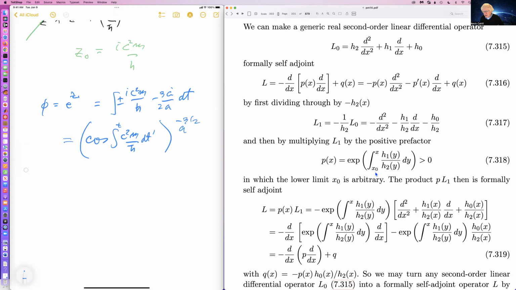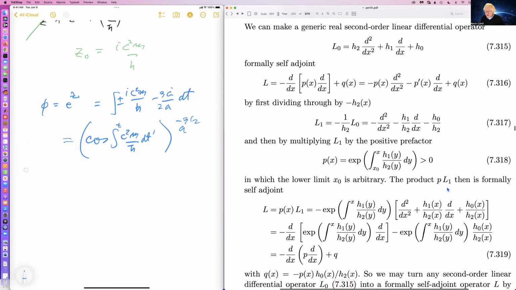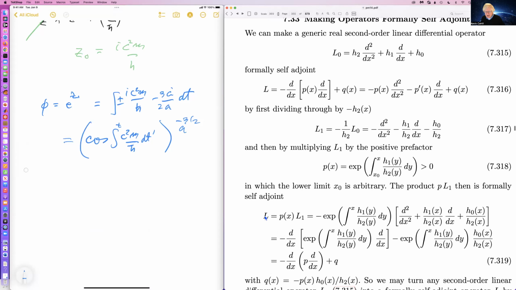And the lower limit is arbitrary. And so now you have the product PL1 is formally self-adjoint. And so you set L equal to PL1.